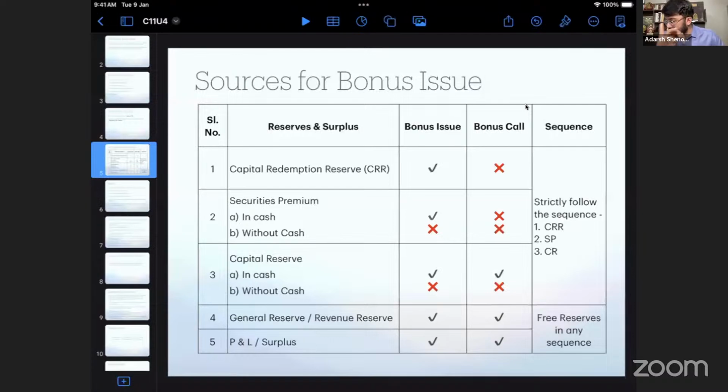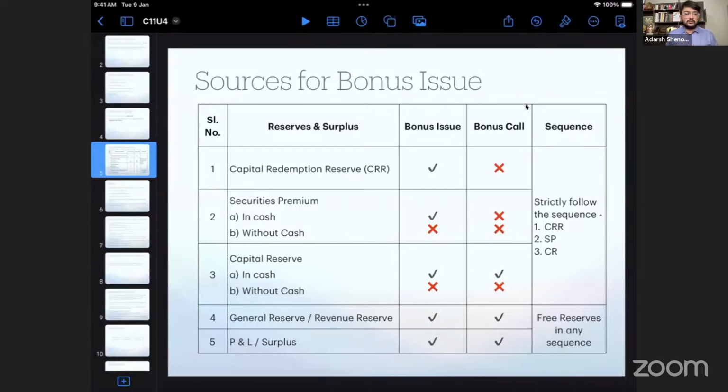One is specific reserves, compulsory reserves created for one certain purpose. Then semi-specific reserves, which get created because of Companies Act provisions, and whose utility is also described by the Companies Act itself. And then we had free reserves.